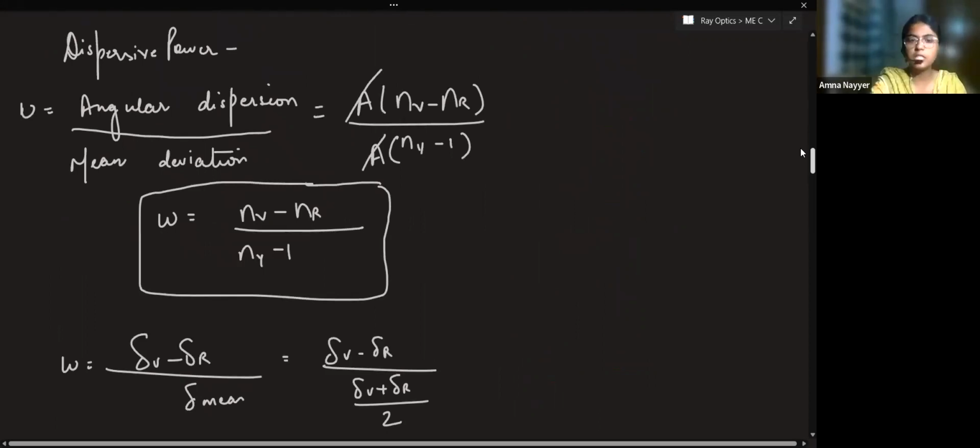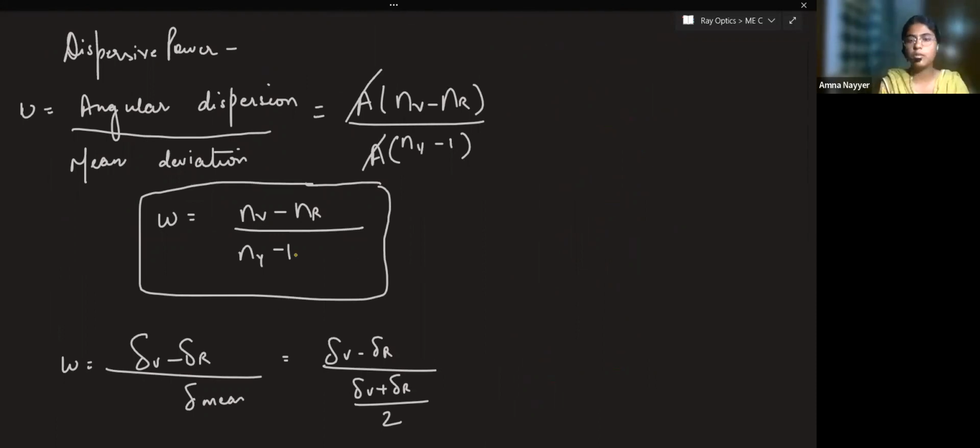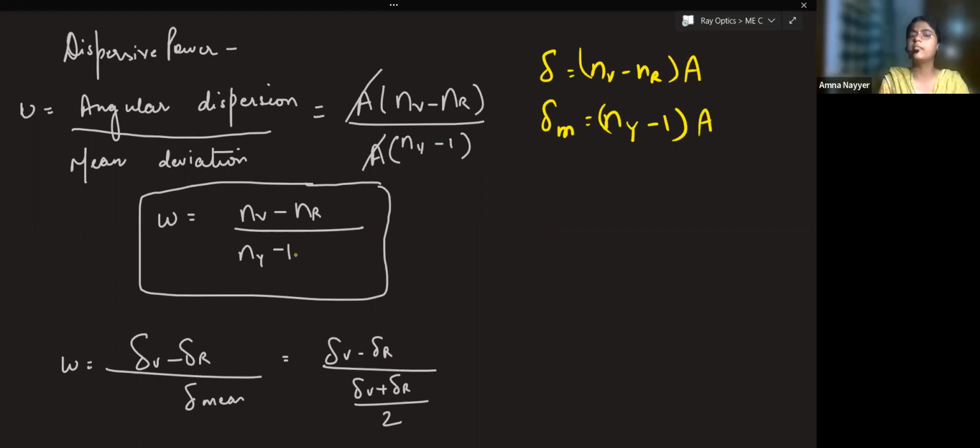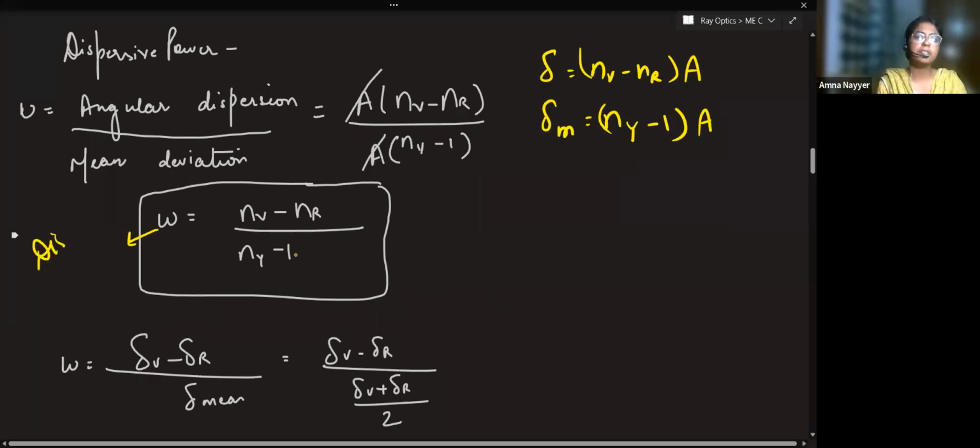Angular dispersion was this, the formula that we had obtained: angle of dispersion, (NV minus NR) into A. And the mean deviation value, when you calculate it, comes out to be (refractive index of yellow minus 1) into A. If you take the ratio of both these quantities, A will get cancelled and this will be obtained. This is known as dispersive power.